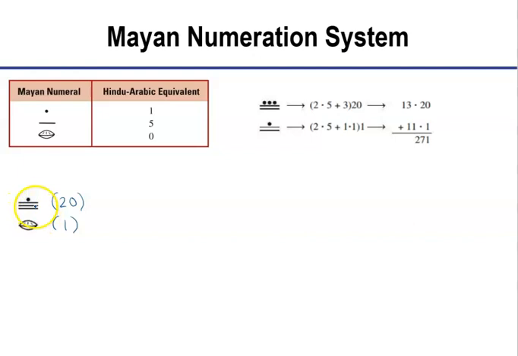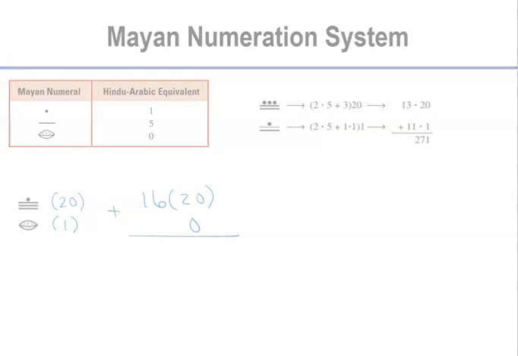So it's 5, 10, 15, plus the one on top, which is 16, times 20. We're going to add that to the lower one. Remember, the shell represents 0 times 1, so we're going to add 0 to that. When I multiply 16 times 20 plus 0, and I also have it typed up for you, that's going to give me my answer.